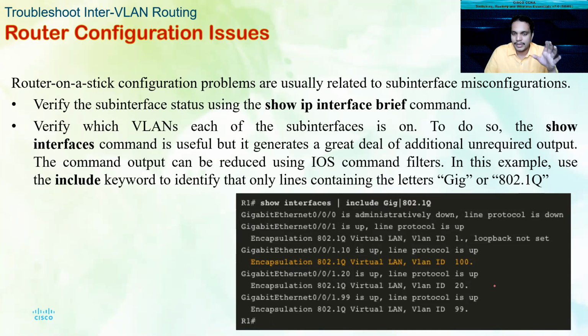So in that case, the best thing to do is type in show interfaces. But if you type in show interfaces, it gives you a huge amount of output. In order to filter it, you can use this way, which is a very good way of doing it: show interfaces, pipe, include gig or 802.1q. So all the gigabit Ethernets and 802.1q are shown here.